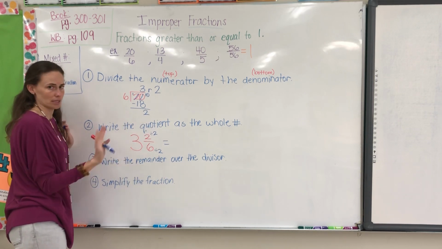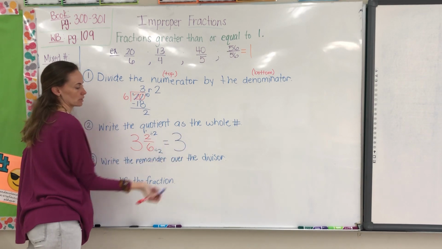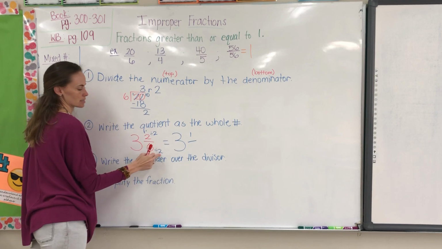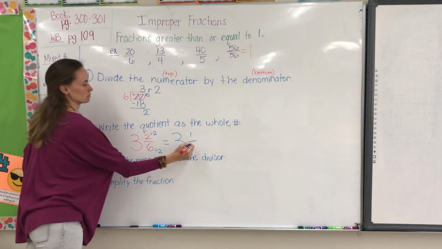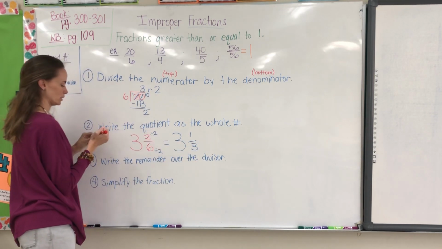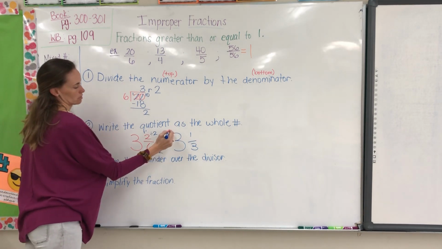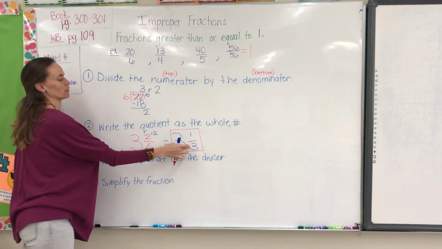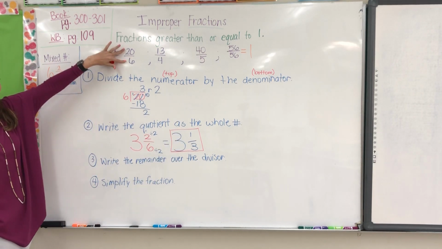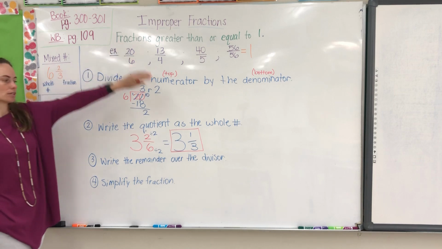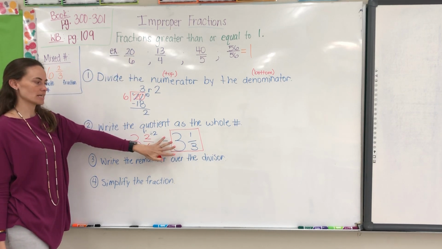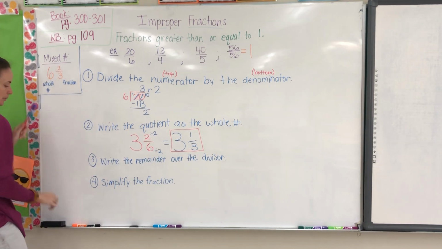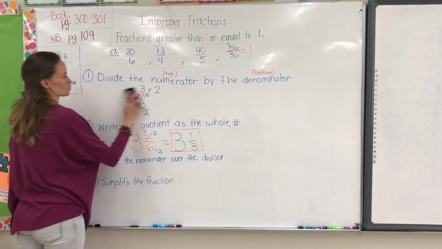So our whole number, that stays the same. And then our fraction, 2 divided by 2, would be 1. 6 divided by 2 would be 3. So in simplest terms, our mixed number is 3 and 1/3. So 20/6 is the improper fraction. We fix it, we make it a mixed number, 3 and 1/3. Okay? I'm going to erase it so we have space to do the next ones.